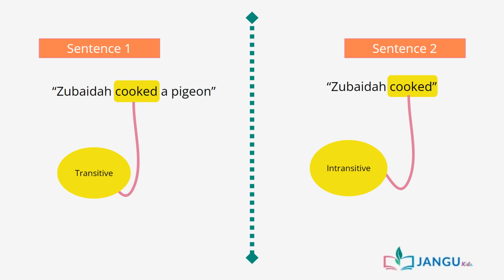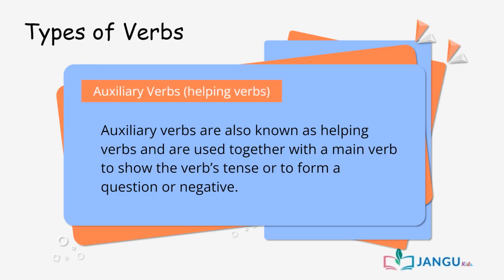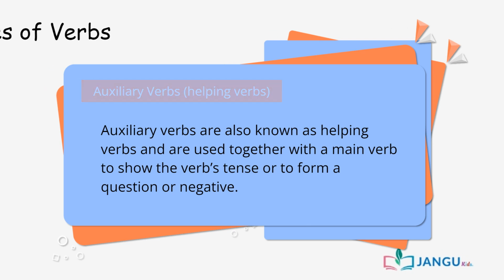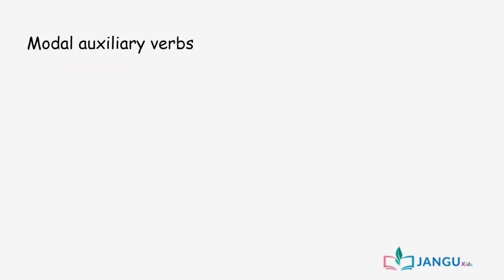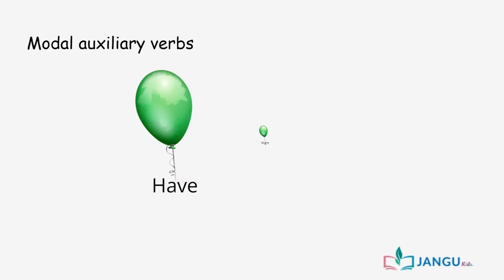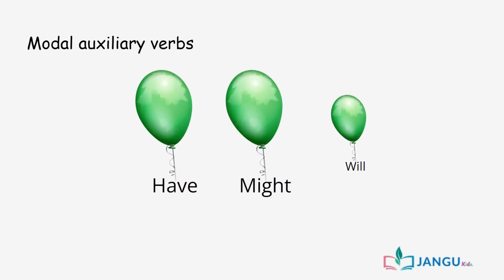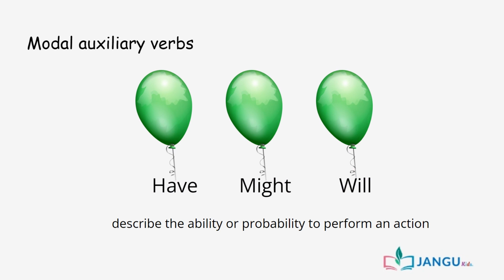Another pair of verbs that you can use are auxiliary verbs, also known as helping verbs. Auxiliary verbs are used together with the main verb to show the verb's tense or to form a question or negative. Common examples of auxiliary verbs include modal verbs like have, might, and will, which describe the ability or probability to perform an action.